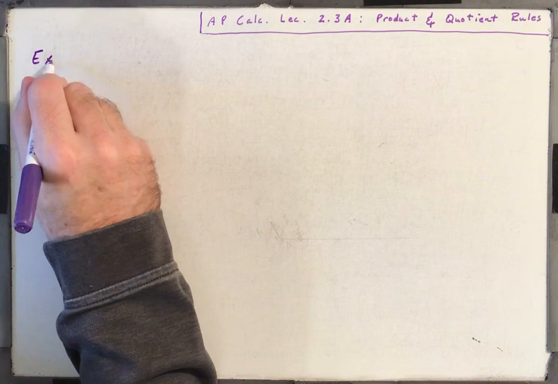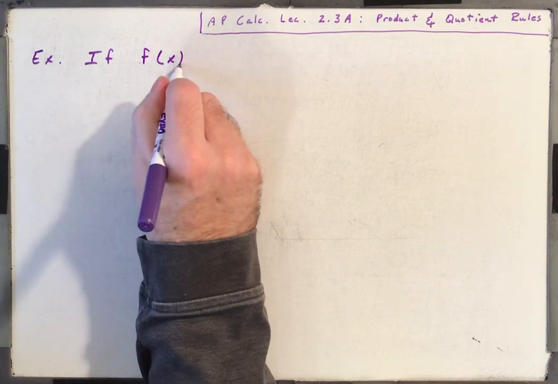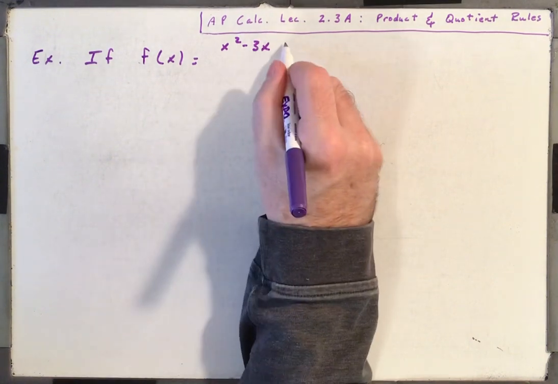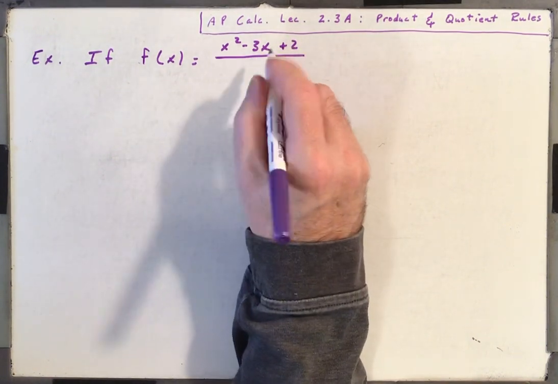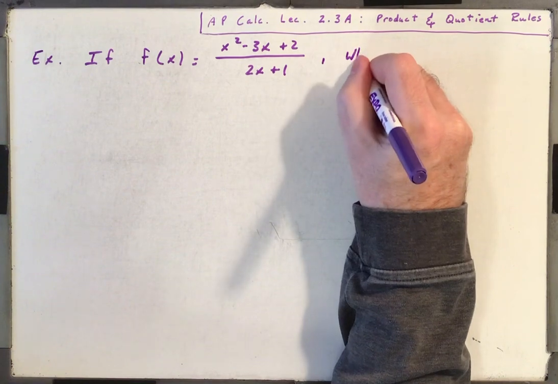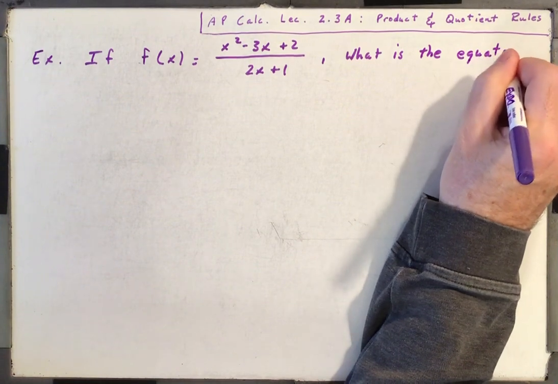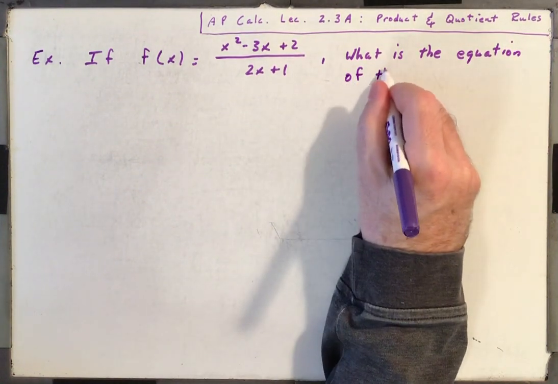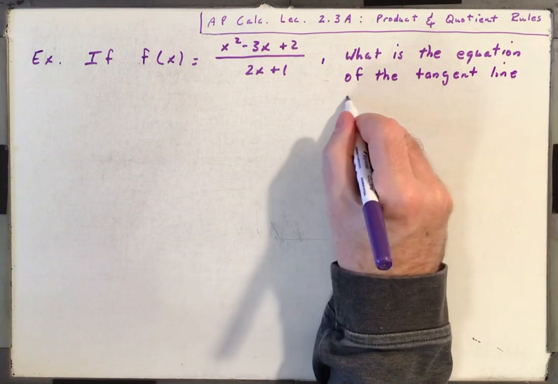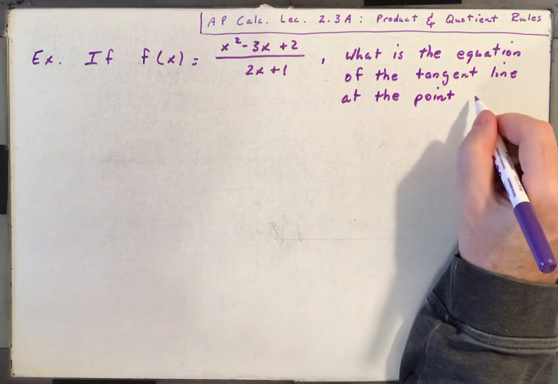Our example is if f of x is equal to x squared minus 3x plus 2 over 2x plus 1, what is the equation of the tangent line at the point 0, 2.